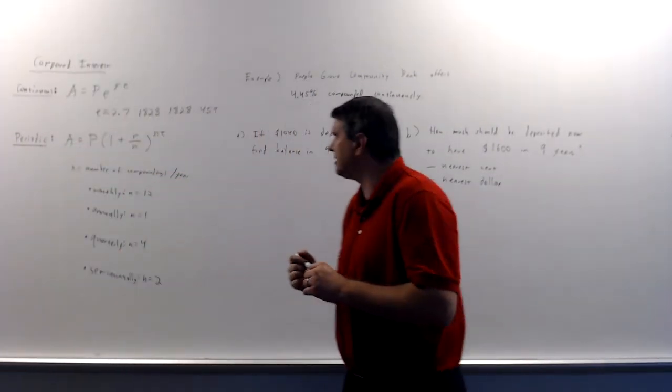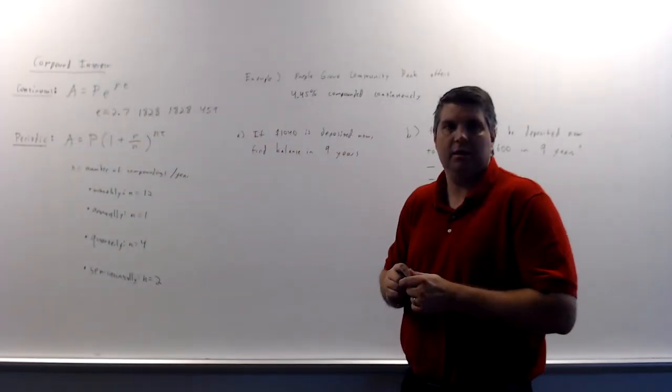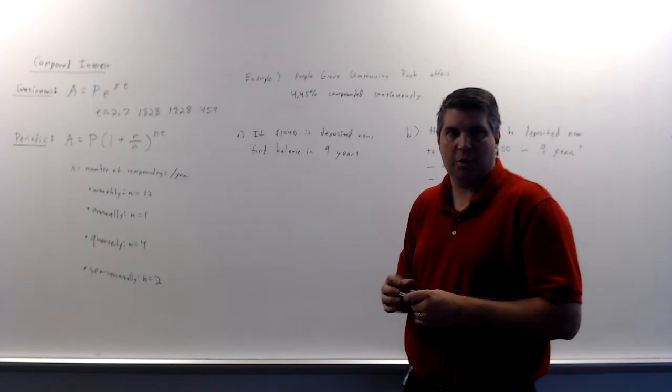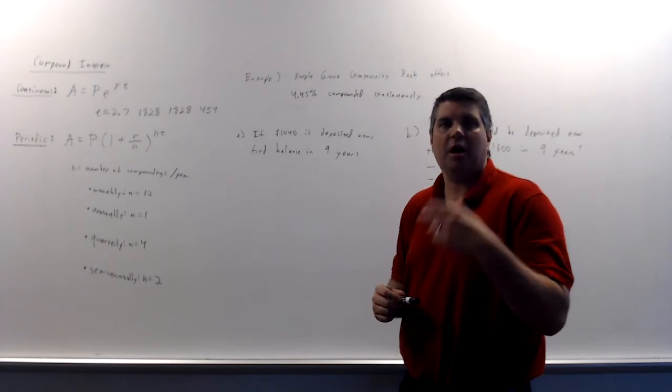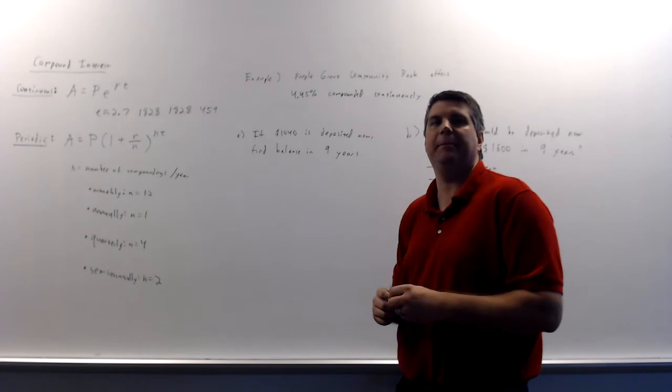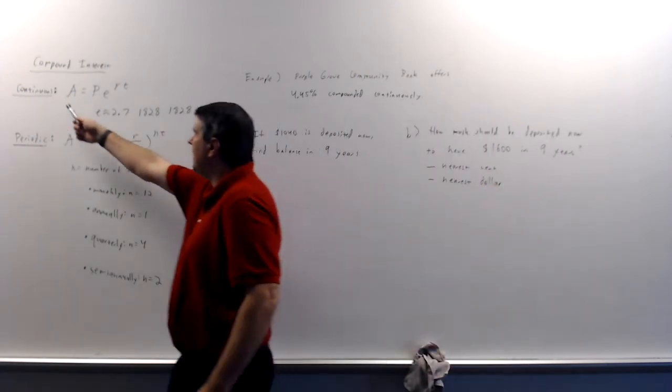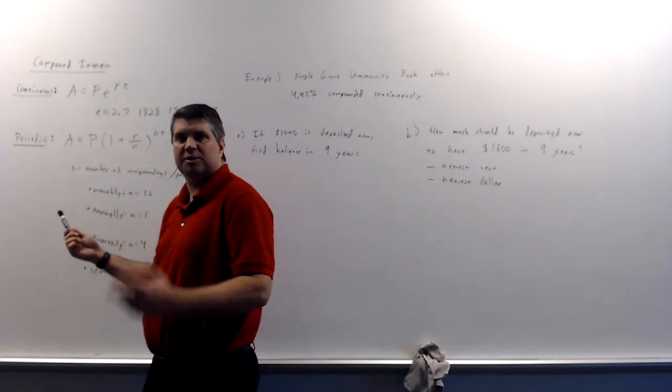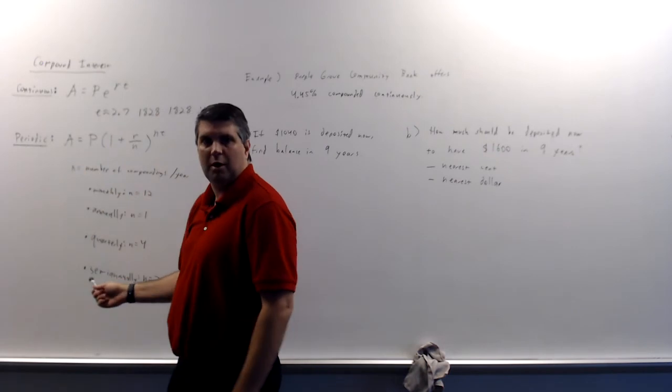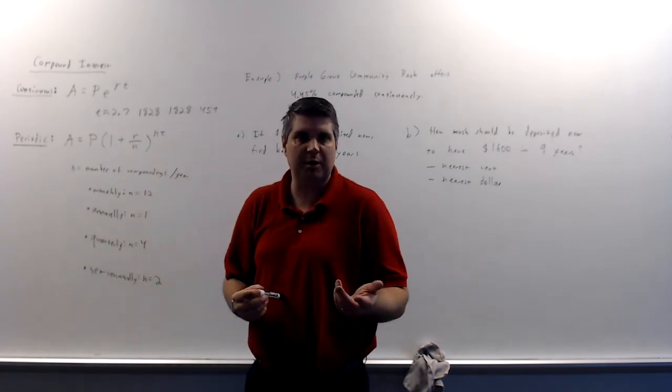Okay, here I'm going to discuss another type of interest, okay? Compound interest. Compound interest has two subtypes, continuous and periodic. Now, some courses include periodic only, okay? College algebra classes usually do.